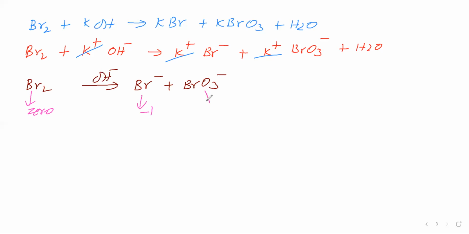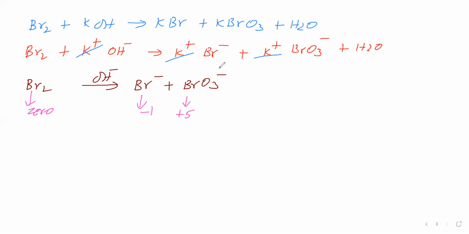In BrO3 minus, oxygen is having -2. Bromine, if you calculate, you will get how much in the sense? +5 you will get. In the hydroxide, oxygen is having -2. Here also oxygen is having -2. Therefore, oxygen oxidation number has not changed. So don't consider oxygen oxidation number. Rest only we will consider.